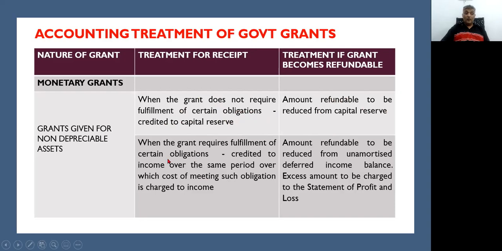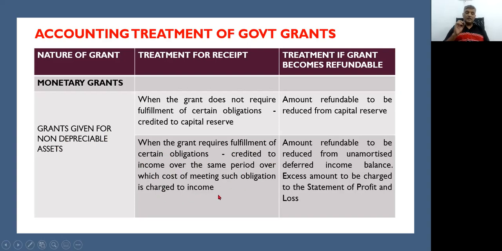Now, when the grant requires fulfillment of certain obligations, it is credited to income over the same period over which the cost of meeting such obligation is charged to income. So when the grant is given for a non-depreciable asset and requires fulfillment of certain obligations, then we need to credit that to income over the same period over which the cost of meeting such obligation is charged to income.